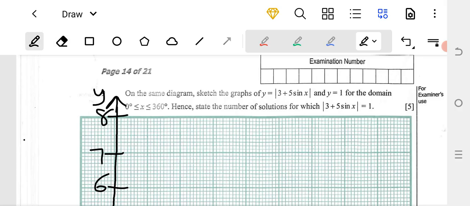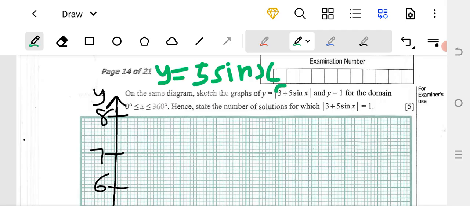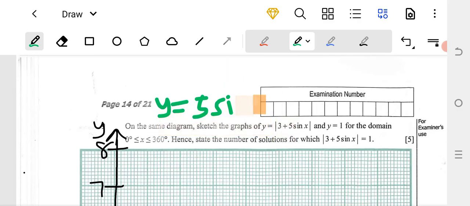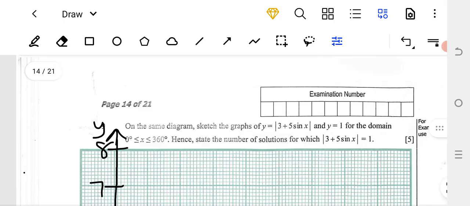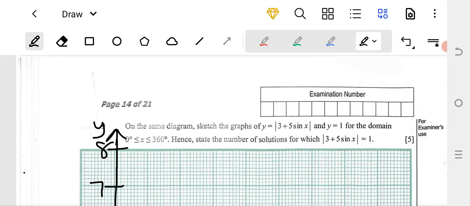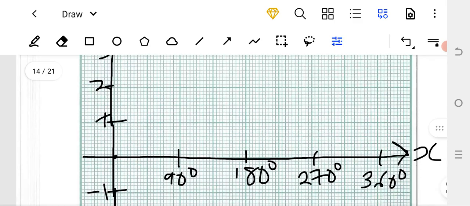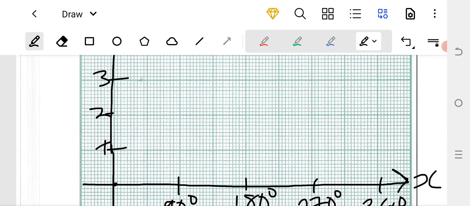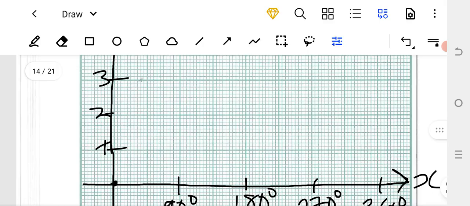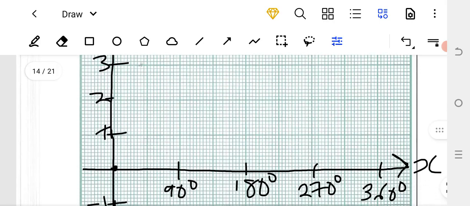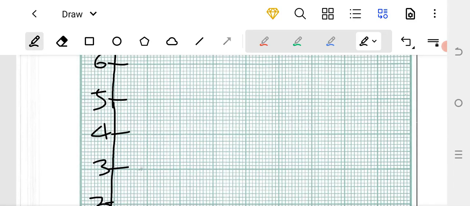So the first graph we're going to draw is y is equal to 5 sine x, before it was shifted by a 3. So it starts from the lowest point. In this case, the lowest point for the one that has not been shifted is 0. Then it's going to go to a 5 at 90 degrees because its highest point is a 5.